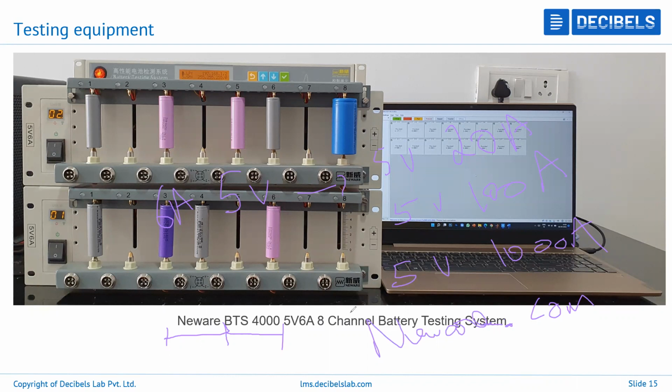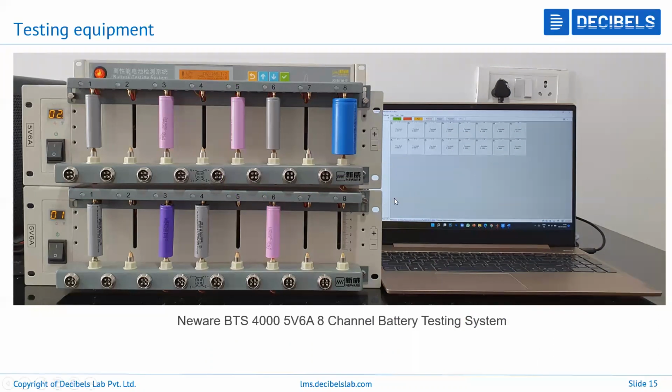So this is an introduction to what we use here at Decibels Lab. Currently, as we speak, life cycle tests are happening on a bunch of 18650 lithium ion cells. We're trying to see, up to a cyclic limit of 500 cycles, what the cell behavior will be. That is our current objective here at Decibels Lab.